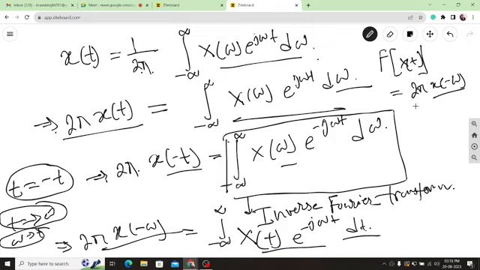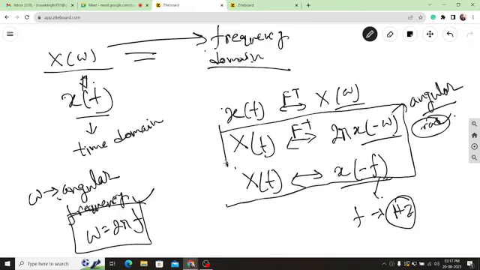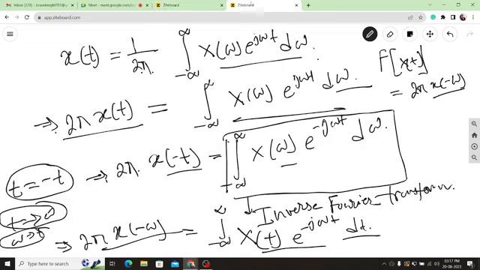And also the vice versa happens. So for such reason, this duality principle holds. Okay.